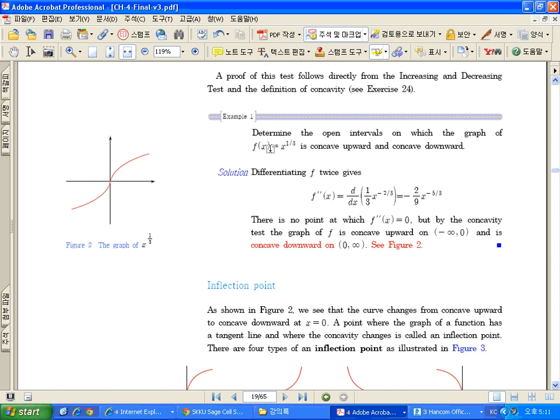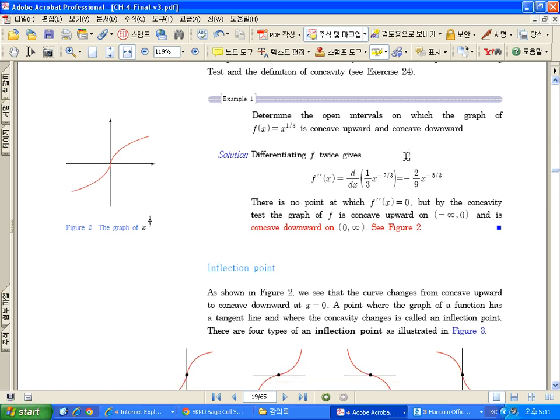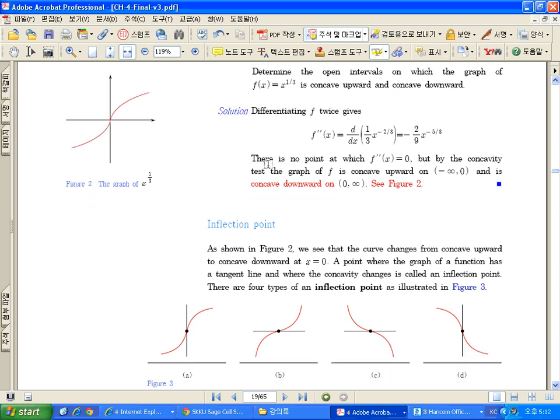And that's the concavity test. Determine the open intervals on which the graph of f of x equal to cube root of x is concave upward and concave downward. So you can use the concavity test, but also you can draw the graph to check where it is concave downward and concave upward.